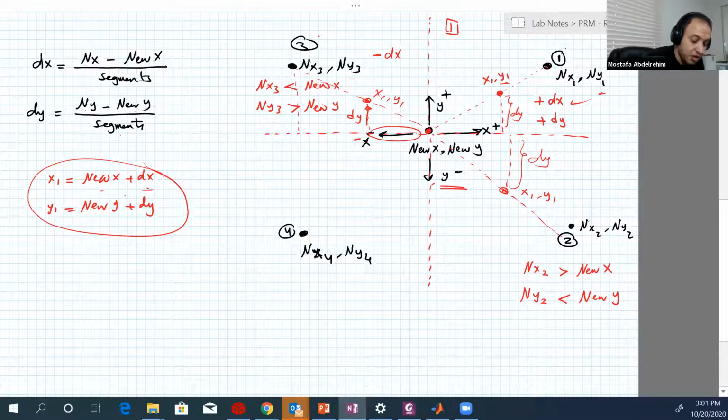We know that nx2 is greater than new x, so dx is equal to nx2 minus new x. And nx2 is greater than new x, so this will be positive. So that's really adding, like what we are expecting. How about dy? dy is equal to ny minus new y.